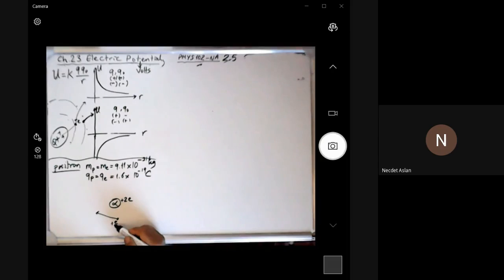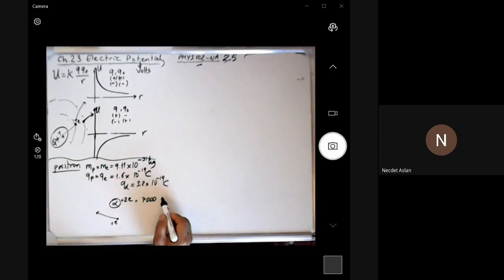So we know that the charge of this alpha particle, Q alpha, is equal to just twice as much as this, 3.2 times 10 to the minus 19 coulomb. We know the charge of the alpha particle, and we know the charge of the positron, which is the same as the electron. Now let's look. If you compare the masses, this alpha particle is 7,000 times the mass of the positron.